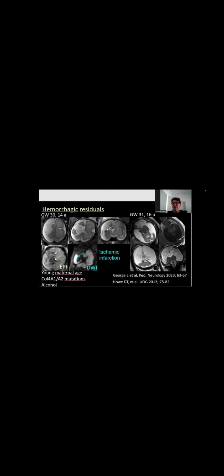The second case is stage 31, a 16-year-old mother, shows bilateral infarctions. Well, you might call that hydranencephaly. And if it is survived, it might end up as either porencephalic defects or, if lined by gray matter, schizencephalic clefts.